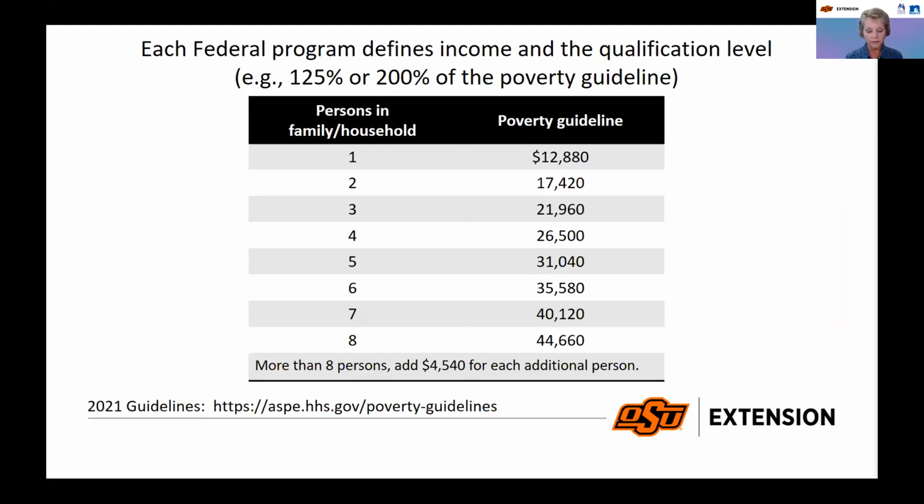The third difference is that the poverty guidelines do not define income. Instead, the programs determine what counts as income, which can be a challenge for someone seeking assistance. Also, each program can determine what percentage of the guideline has to be met in order to qualify, such as 125% or 200%. For example, a program may say that a household can qualify for benefits if it falls below 125% of the poverty guidelines.